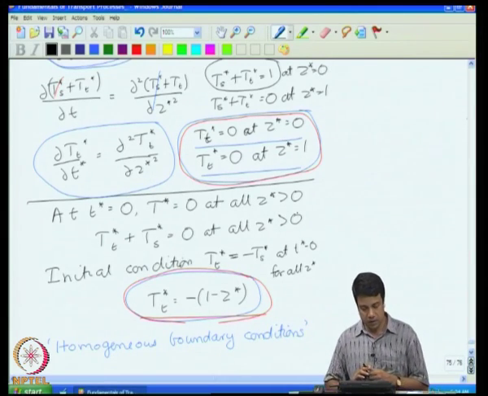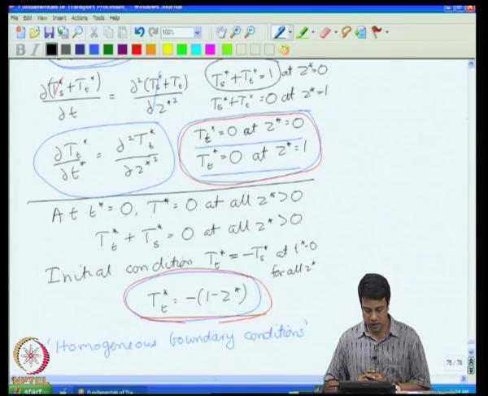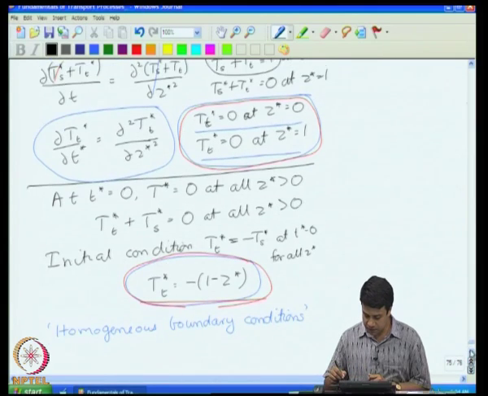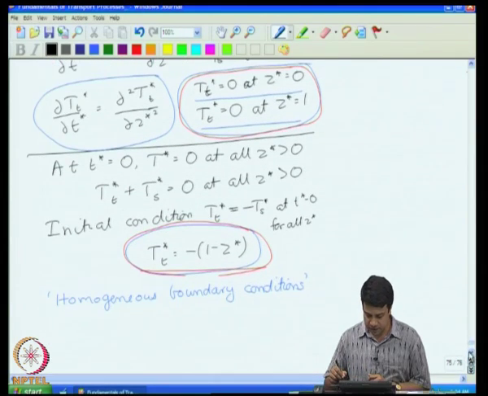That means for the transient part alone, the condition is T transient is equal to minus T steady state, or T transient is equal to minus 1 minus z star. And I explained the physical significance of this in the previous class.